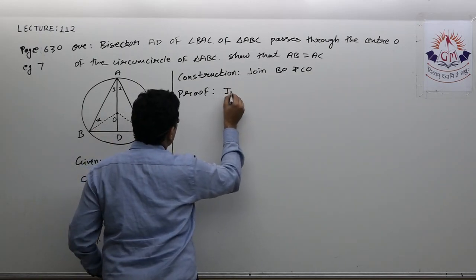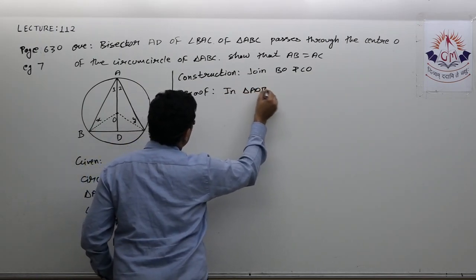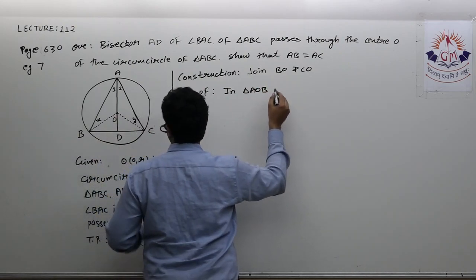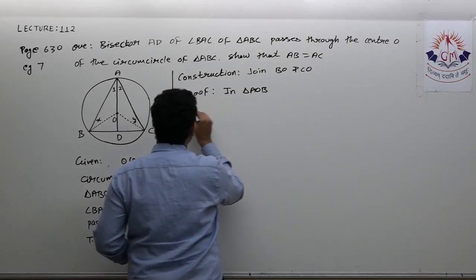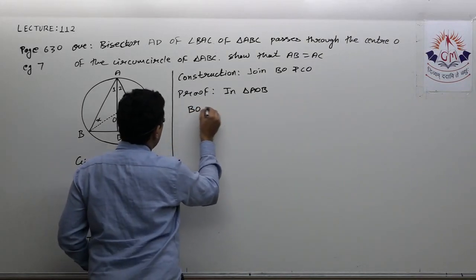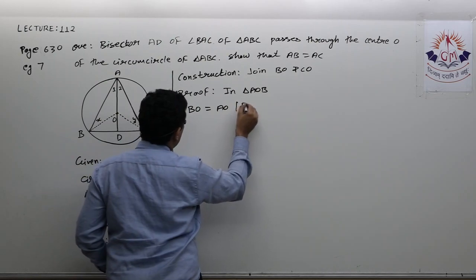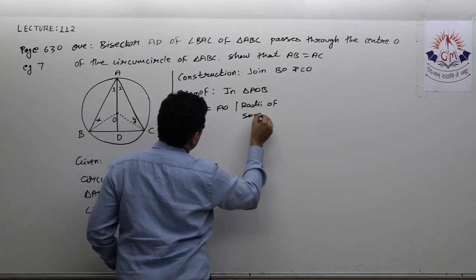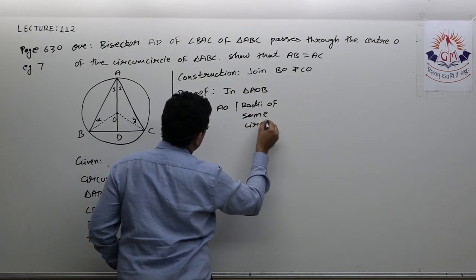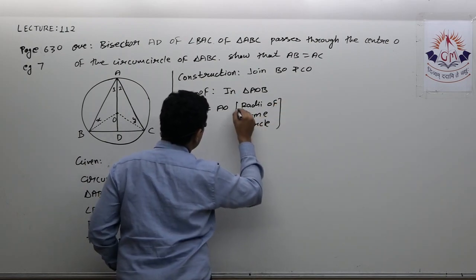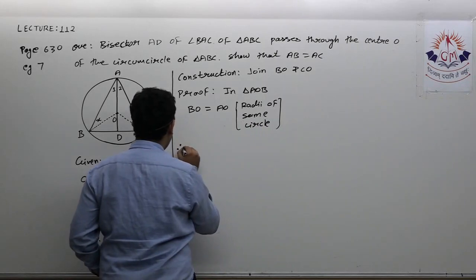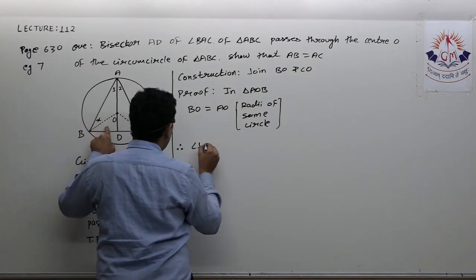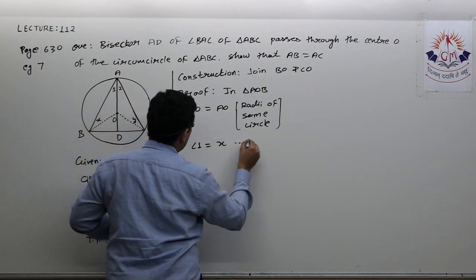In triangle AOB, BO is equal to AO, radii of the same circle. Therefore, opposite to BO I have angle 1, so angle 1 is equal to X. Let it be first.